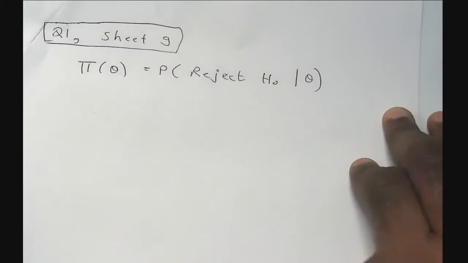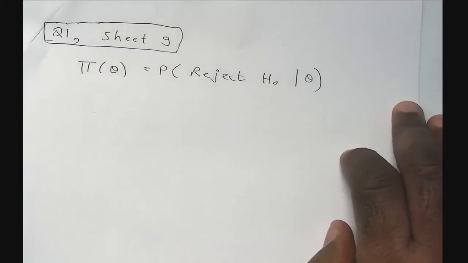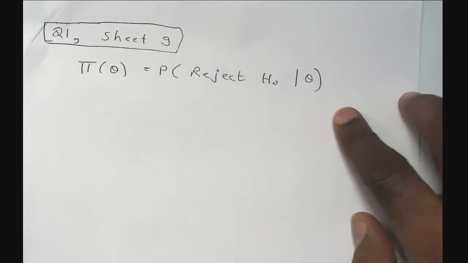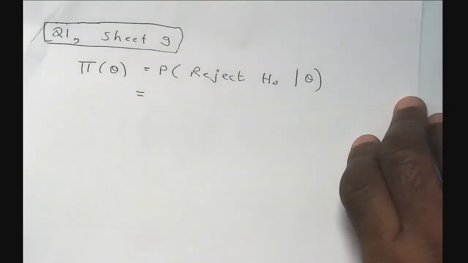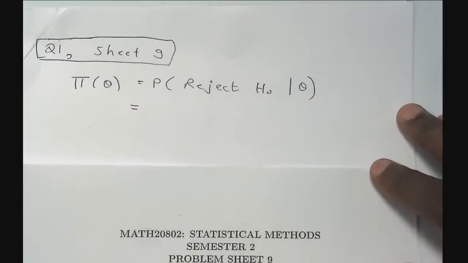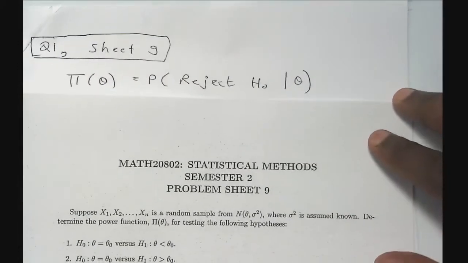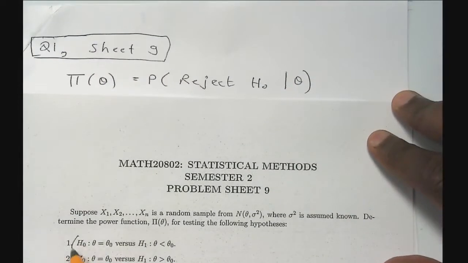As you know, the definition of the power function is the probability of rejecting given the value of theta. Now for this hypothesis, what is the rule for rejecting the null hypothesis?